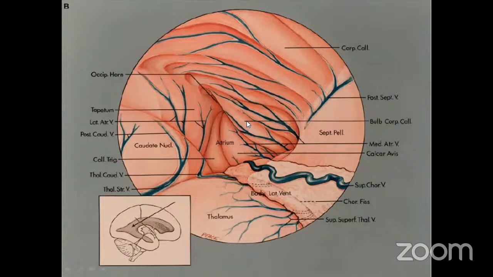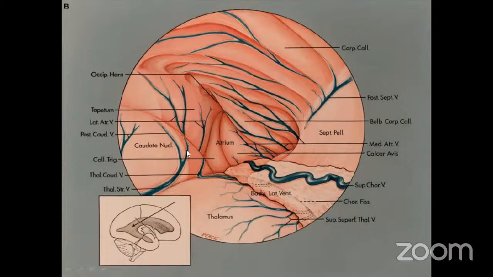This is the bulb of the corpus callosum, and this is the calcar avis, and it forms the medial wall of the atrium and the occipital horn. The floor of the atrium is formed by the collateral trigone. The roof and posterior part of the lateral walls are formed by the tapetum of the corpus callosum. The caudate nucleus is present in the lateral wall.